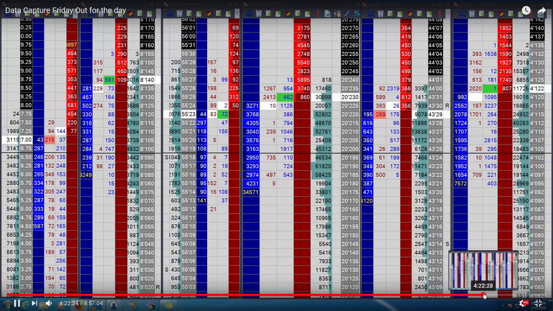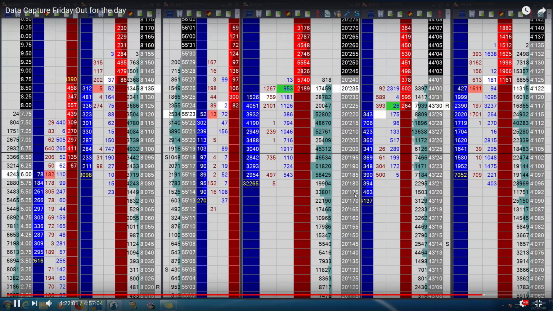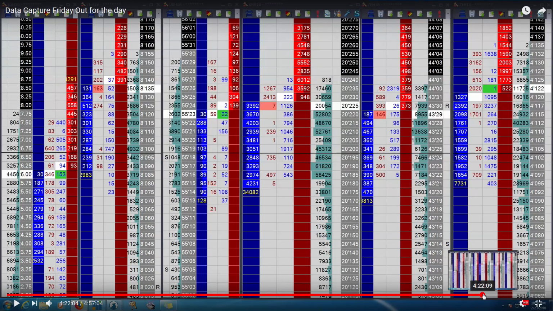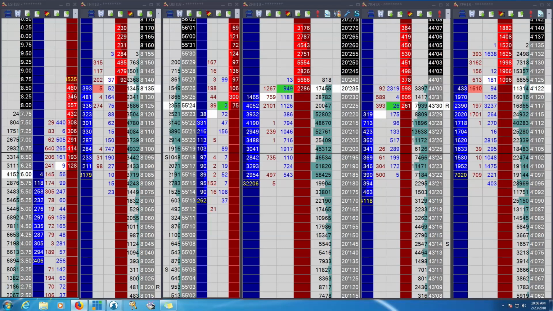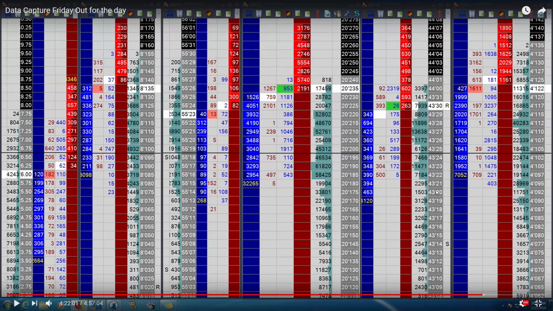22, let's see. 22 even. Here's where it's going to drop down. There, it just went down. 22 even. What happens here? This is where it's about to drop in.